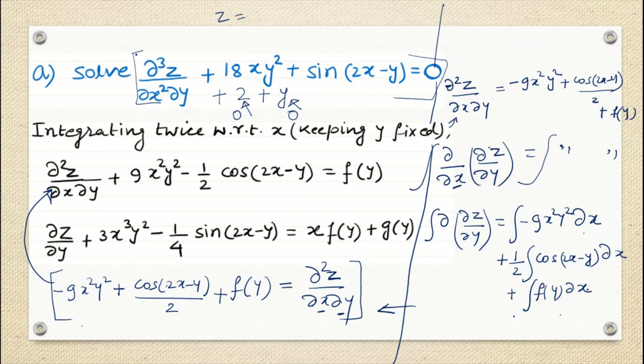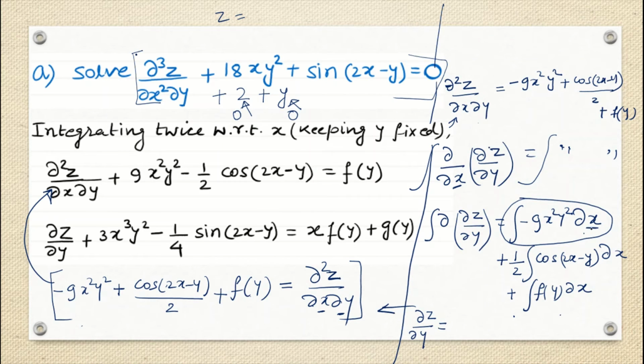Fine. Now what I'm going to write down, my left hand side will be what? If it is my integral sign and del sign, that means my left hand side is nothing but del z by del y, correct? And then my right hand side is what? Integration of, just focus on this first term, so this is integration of minus 9x square y square del x with respect to x.